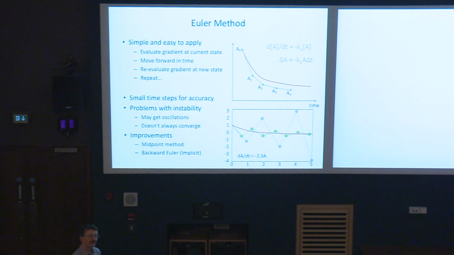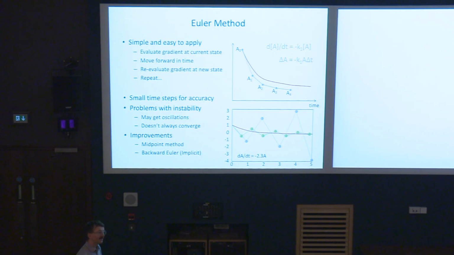However, there are problems with this type of approach. It's good for some systems, but if you've got situations where rates are changing very quickly, you may be forced to take very, very small time steps, and that will, of course, put quite a large computational burden on the solution. The main problem is stability.